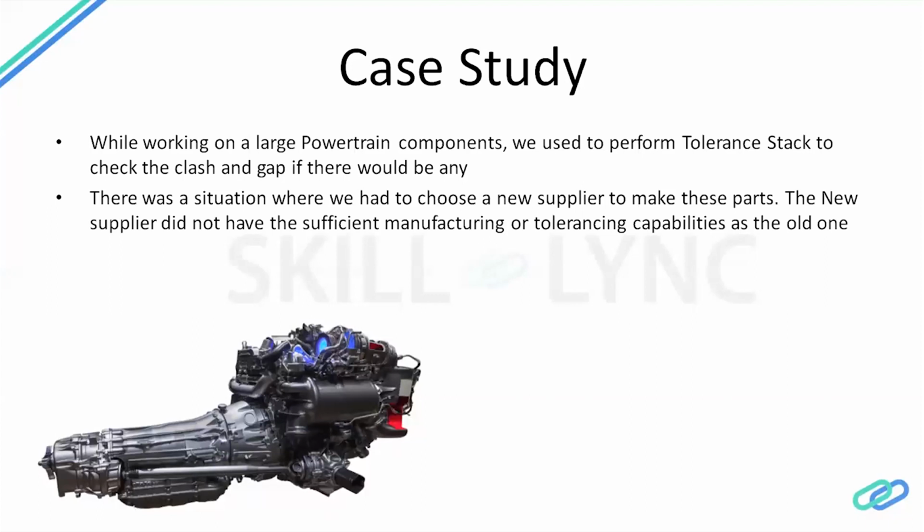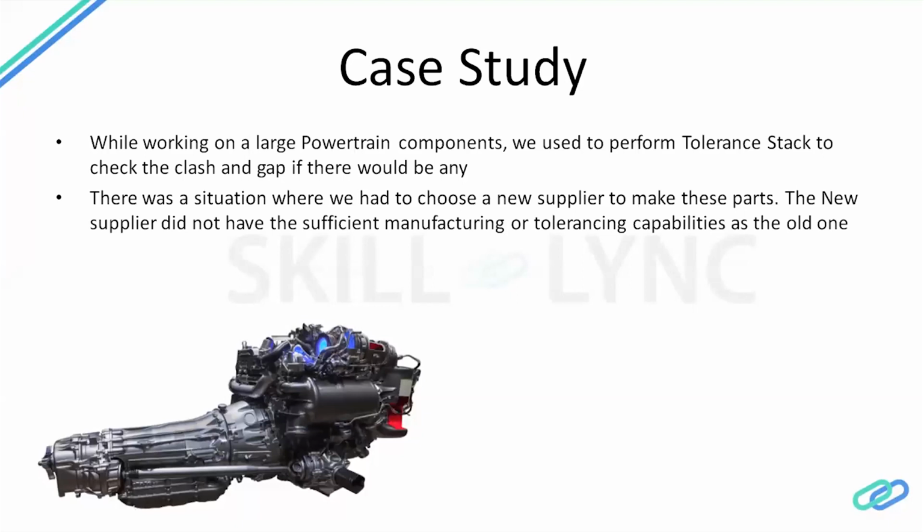There was a case where we wanted to add another supplier to the manufacturing part of it. In this case, the new supplier was very new to the capabilities required for making a transmission. And since we wanted to pitch in for a new geographical location, we could not compromise, and he was the best supplier available, and we went ahead.